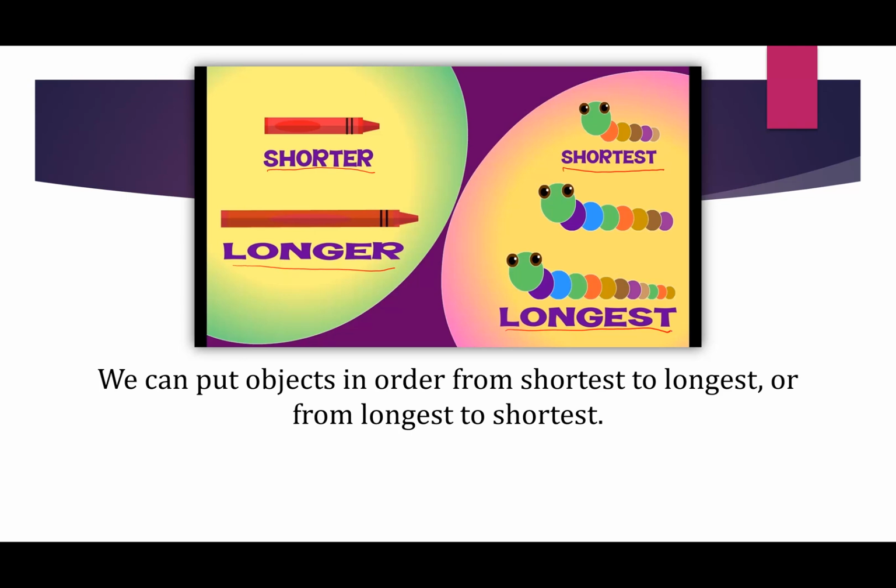Do you have any idea what is shorter and shortest? I know shorter means something which is very short. Now, we can put objects in order from shortest to longest or from longest to shortest.